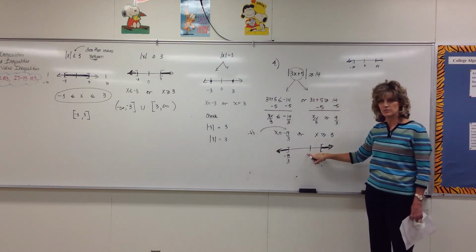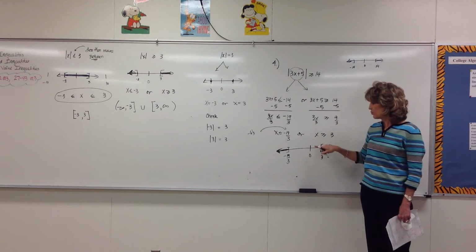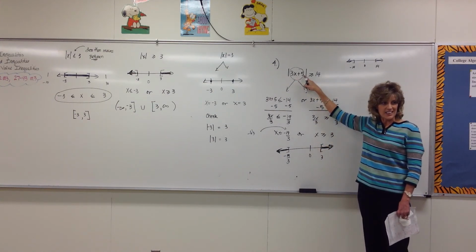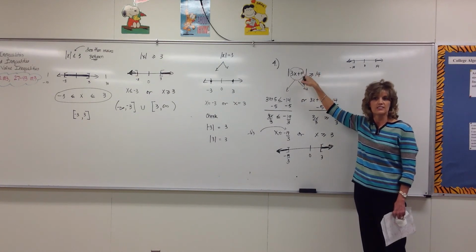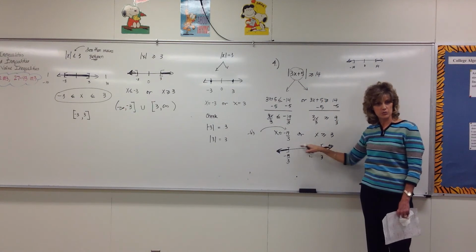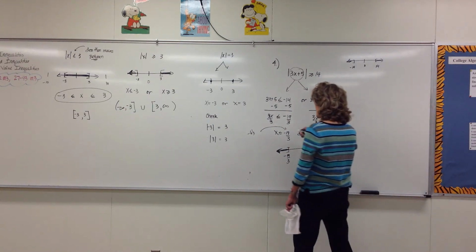Now let's try one of these. What number should we try in our non-solution spot? Try 1. 3 times 1 is 3. 3 plus 5 is 8. Absolute value of 8 is 8. Is 8 bigger than 14? We didn't expect it to be, because it was not in our solution interval. So here is your algebraic solution.